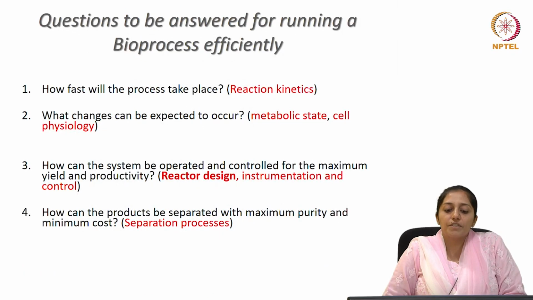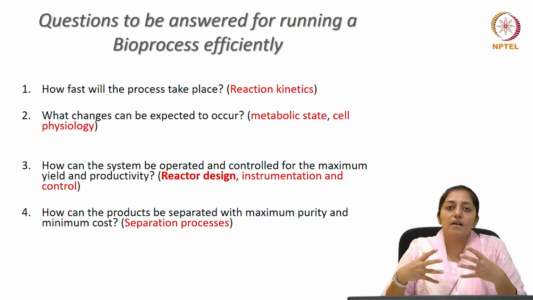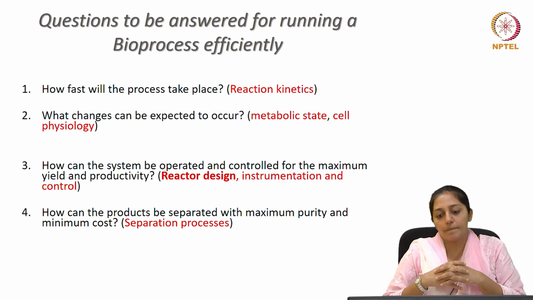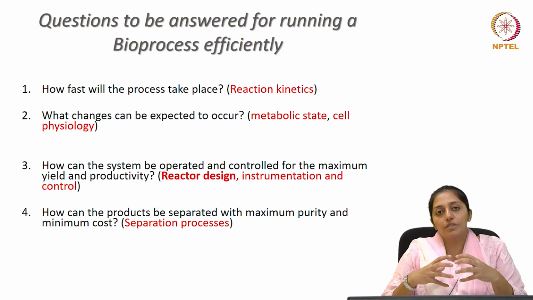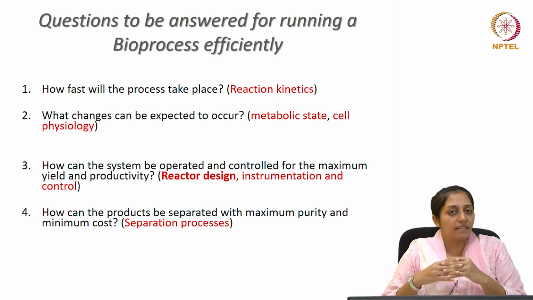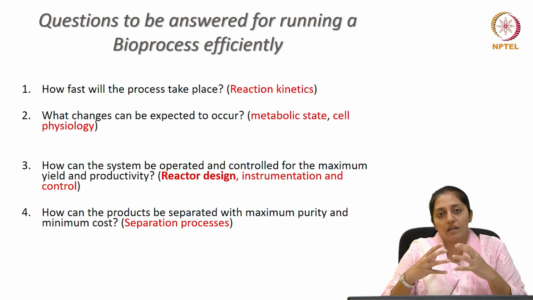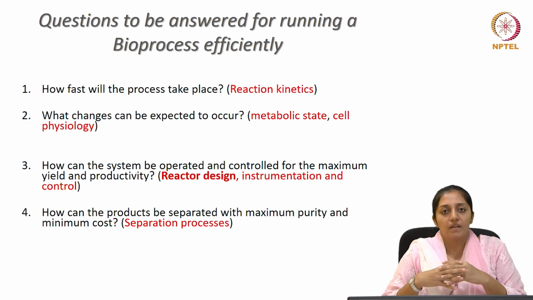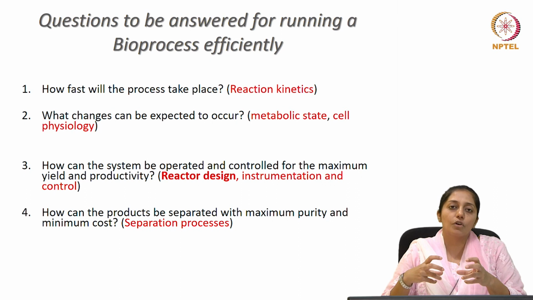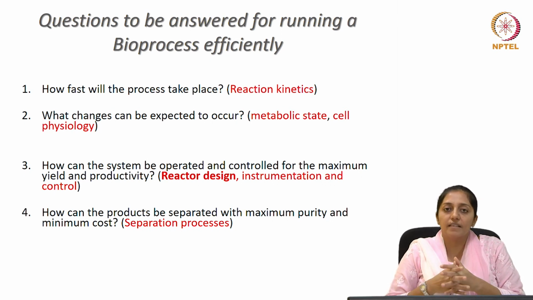Now the questions which are required to be answered for running a bioprocess efficiently involve questions like how fast will the process take place, which includes investigating the reaction kinetics. Then what changes can one expect to occur during this process, which includes investigating the metabolic state or the physiological state of the cell, which is being cultivated inside the reactor.